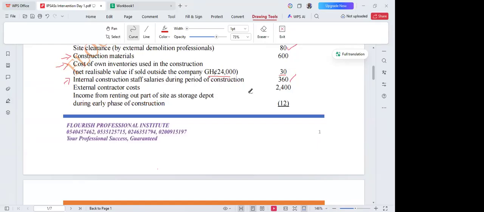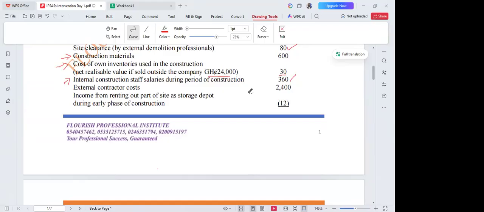Yes, you are right. This is an income, and in the past we used to account for it here. But according to the standard, when you get an income, even though it's directly traceable to your construction, you still don't account for it here. You account for it separately as revenue under IPSAS 47.